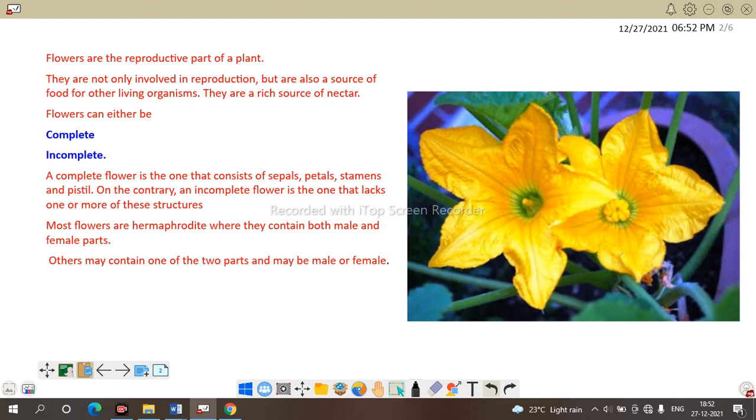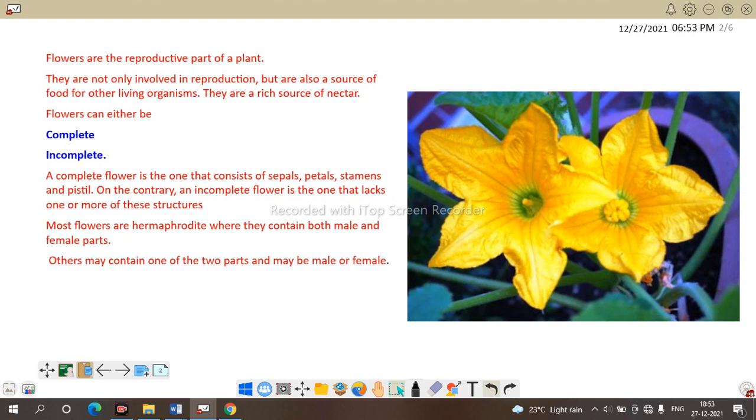On the other hand, an incomplete flower is one that lacks one or more of these structures. Among the sepal, petal and stamen, if one or two floral parts are missing, then the flower is called incomplete. Most flowers are hermaphrodite, where they contain both male and female parts.